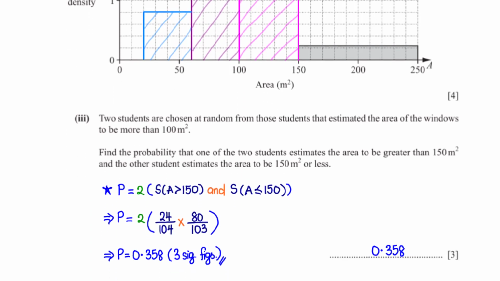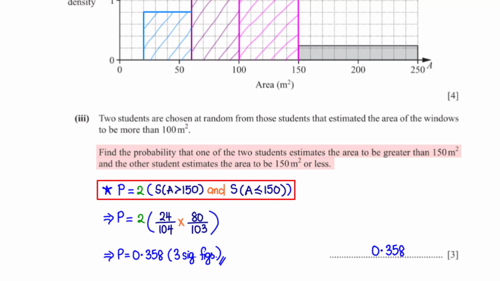2 students are chosen at random from those students that estimated the area of the windows to be more than 100 meters squared. Find the probability that one of the 2 students estimates the area to be greater than 150 meters squared and the other student estimates the area to be 150 meters squared or less.